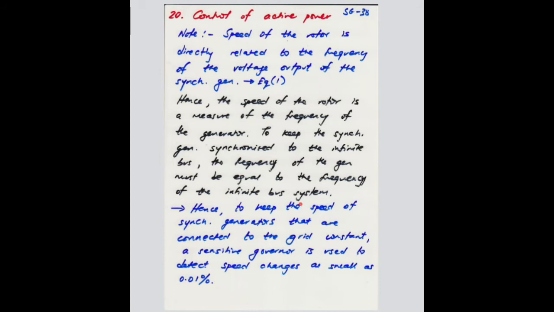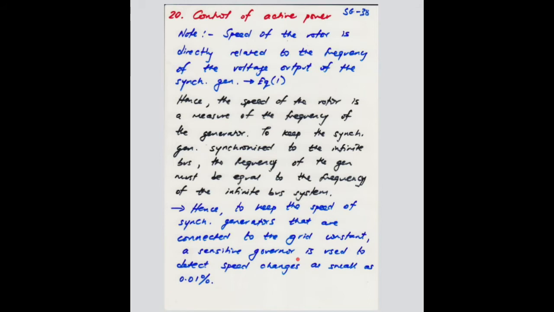And how they do that is they use what we call a load frequency control system. And the main component of that load frequency control loop is basically your governor system. And the governor, what it does is basically it measures the speed of the generator and compares it with the required speed, which is basically to keep your frequency constant.